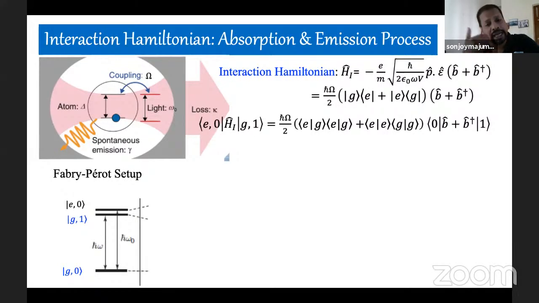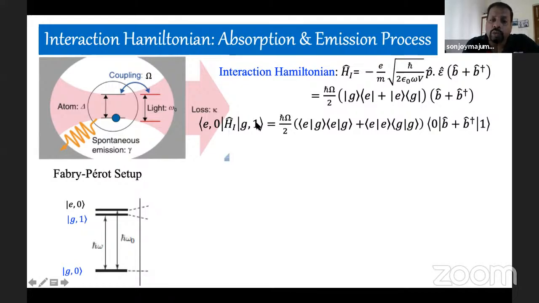That means you need at least a different state to have an electric dipole transition. Here the G and E are the 3s and 3p in the case of sodium, as we said, and they are in different parity states, so we can have an electric dipole transition between them through this interaction Hamiltonian.